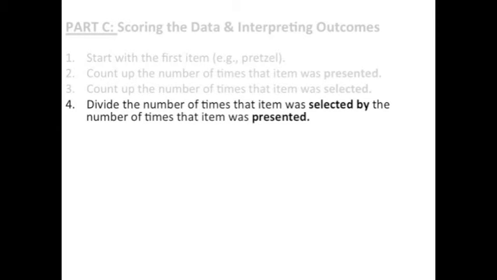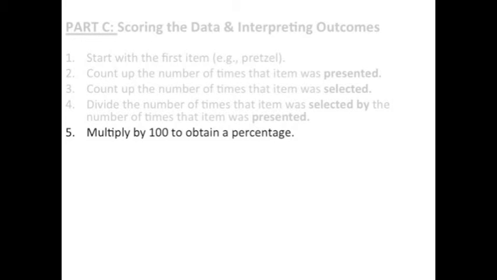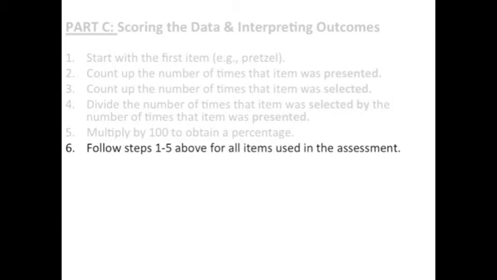Next, divide the number of times that item was selected by the number of times that item was presented. Then multiply by 100 to obtain a percentage. Follow steps 1 through 5 for all of the items used in the assessment.